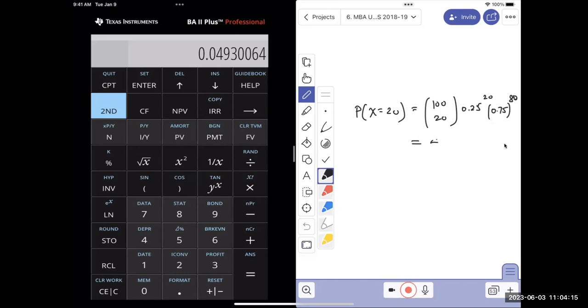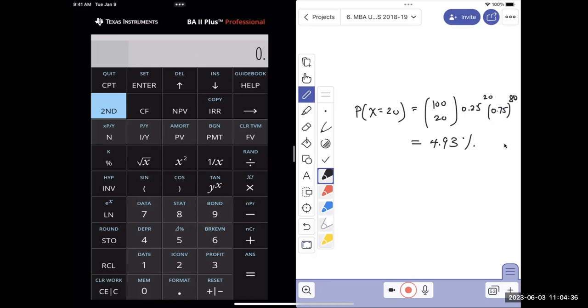So this is 4.93%. You want to see me enter that again? That doesn't simplify easily, right? I mean, it simplifies when I use the calculator, but I can't simplify it like I did in the previous exercise. Okay, let's do that again.